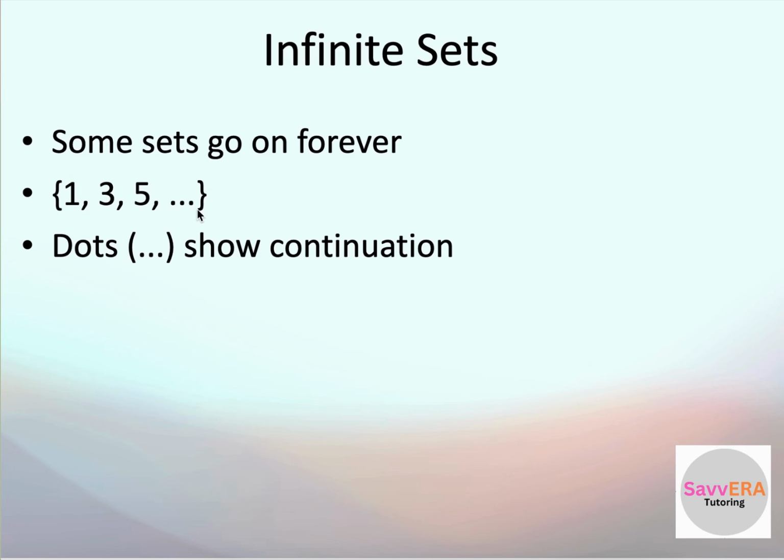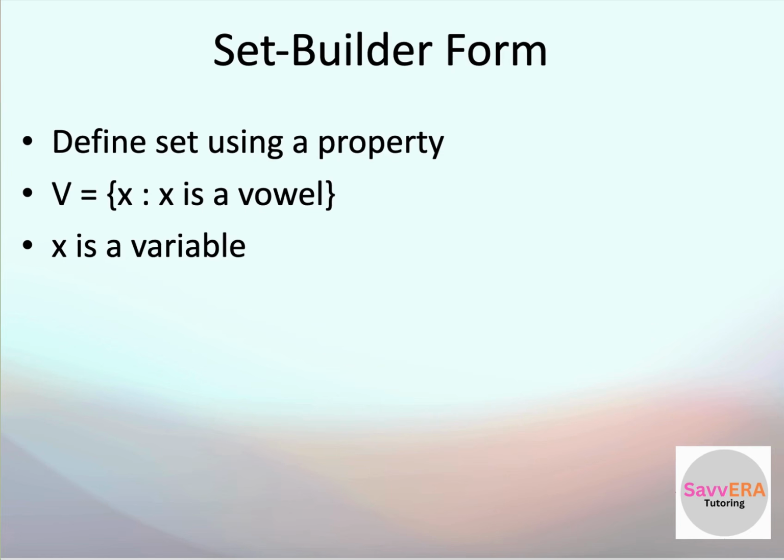That means the list goes on and on. Whenever you're writing infinite sets, I recommend that you write at least 3 elements before you put the ellipsis to show continuation. This shows the teacher that you understood the requirement and the pattern, so you can get the full points.